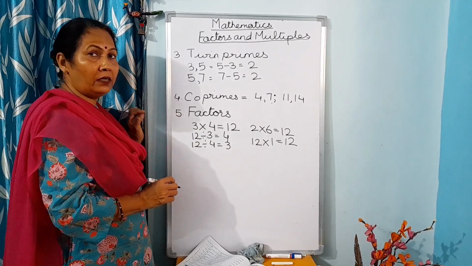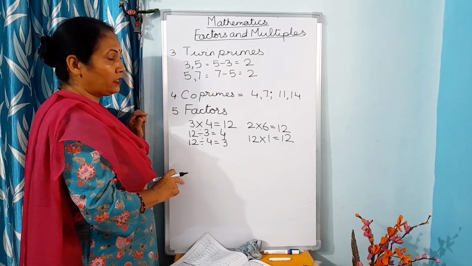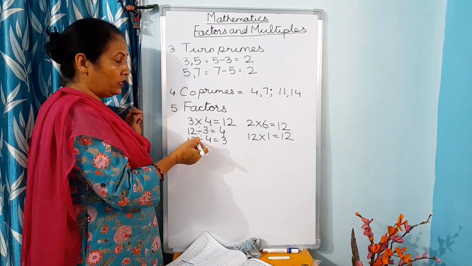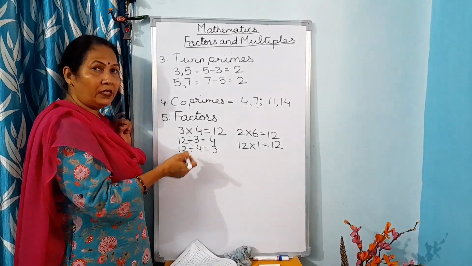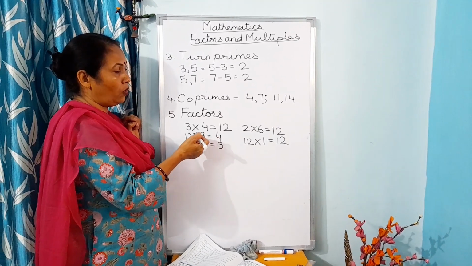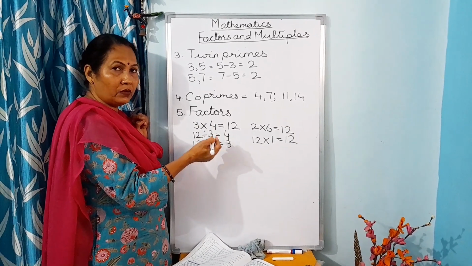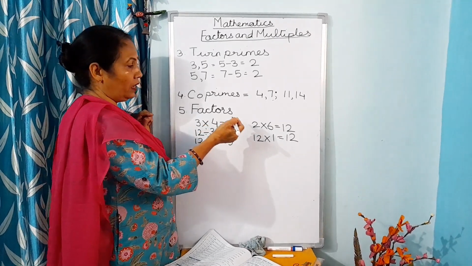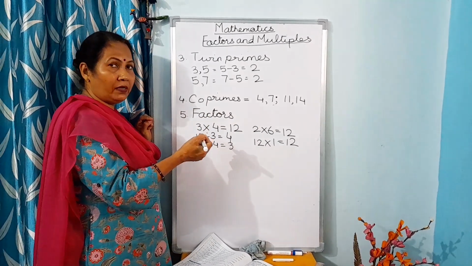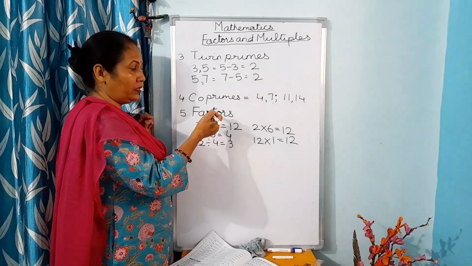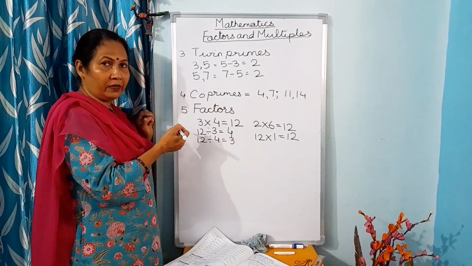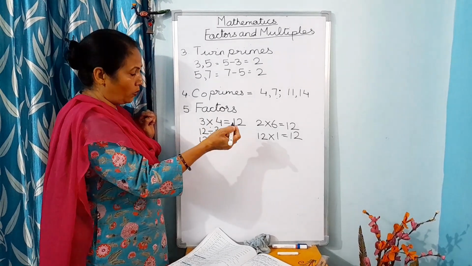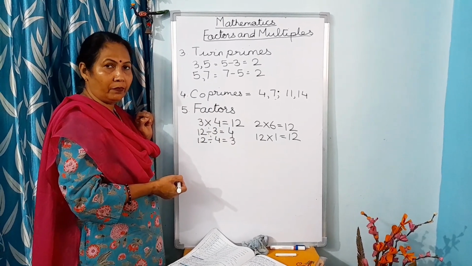Now there are some characteristics of factors. 0 and 1 are factors of all numbers. All numbers multiplied by 0 give the answer 0. When multiplied by 1, the number is the answer itself. So 0 is a factor of every number, 1 is a factor of every number.